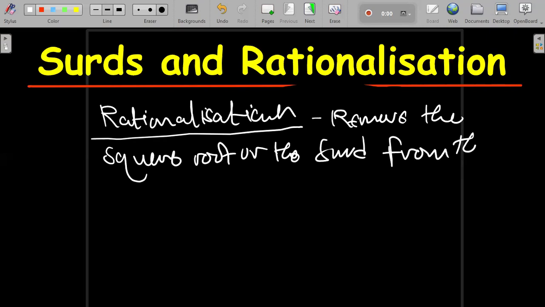You just remove the square root or the surd from the denominator.